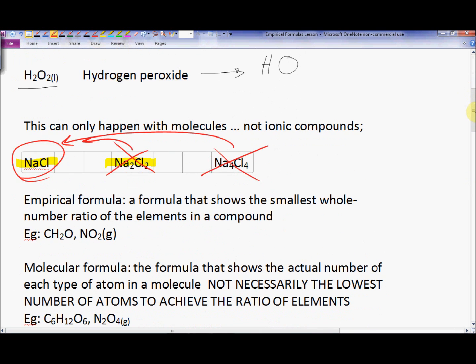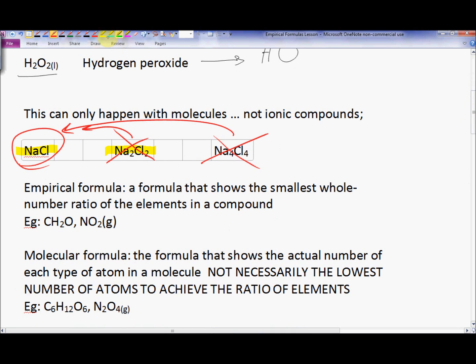Okay, so there's your definition for empirical formula. Empirical formula is a formula that shows the smallest whole number ratio of the elements in the compound. For example, CH2O or nitrogen with 2 oxygens. Molecular formulas, on the other hand, show the actual number of each type of atom in a molecule, not necessarily the lowest number of atoms to achieve the ratio between the elements.